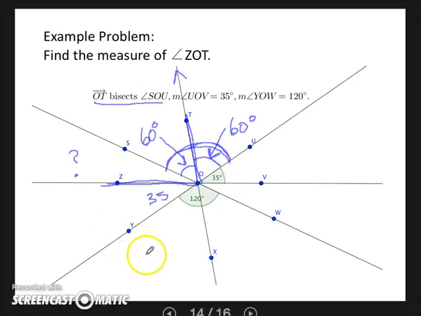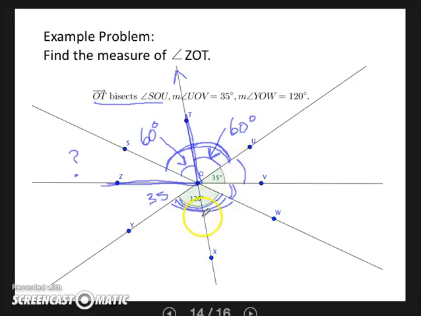One fact that we have to look back in our notes to remember is that a linear triple, so this angle here, I'm going to double mark these angles, and this angle here, triple mark, double mark, and single mark these three angles because they're all different.